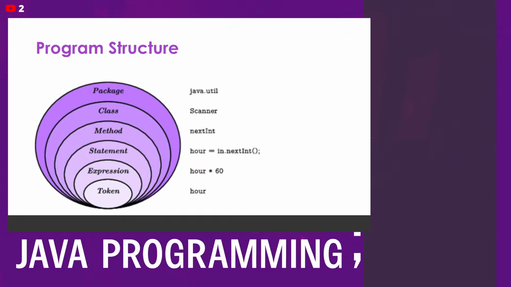The class being Scanner, and again, one of the key ways that we can tell a class versus other things that are part of our program is that our class will always start with an uppercase letter. So it's uppercase S Scanner. For the Math class, for example, it's uppercase M Math, so on and so forth.